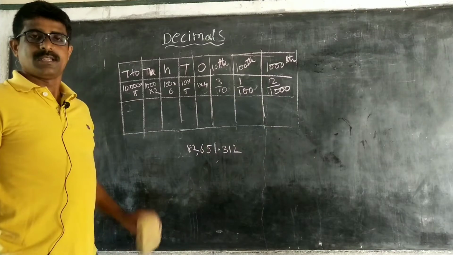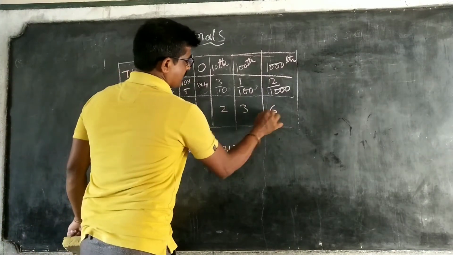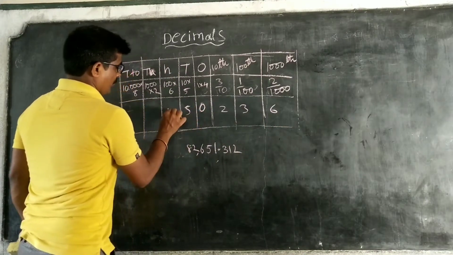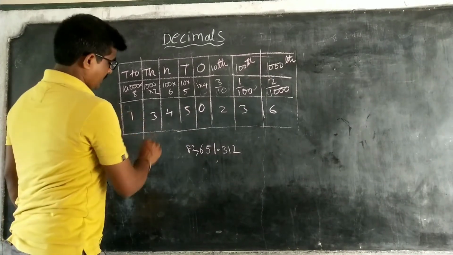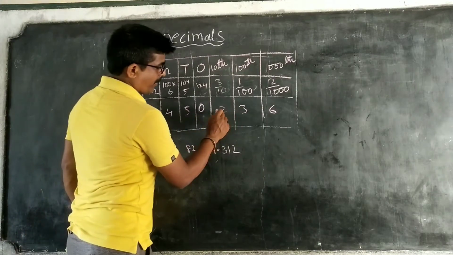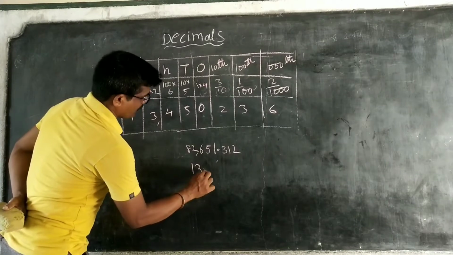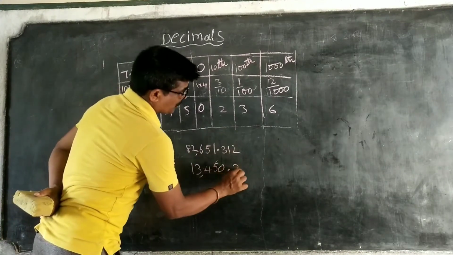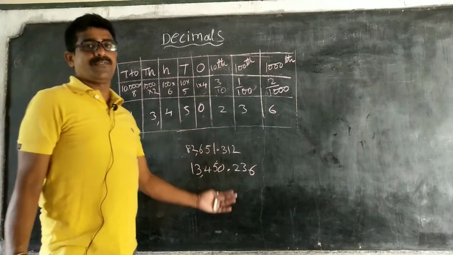Clearly, if I write another number, 2, 3, 6, 0, 5, 4, 3, how do we write it? For example, 13,450.236. Okay, this is the concept of decimals.